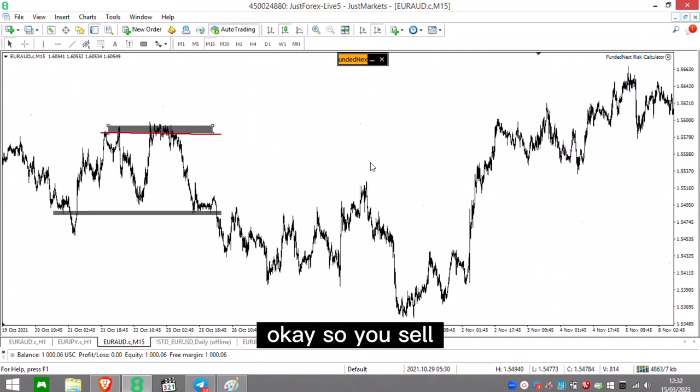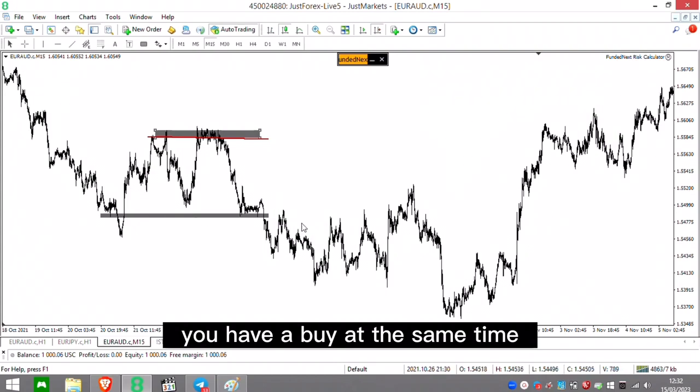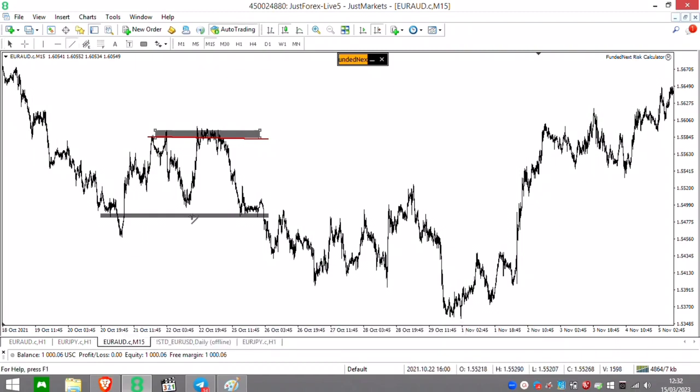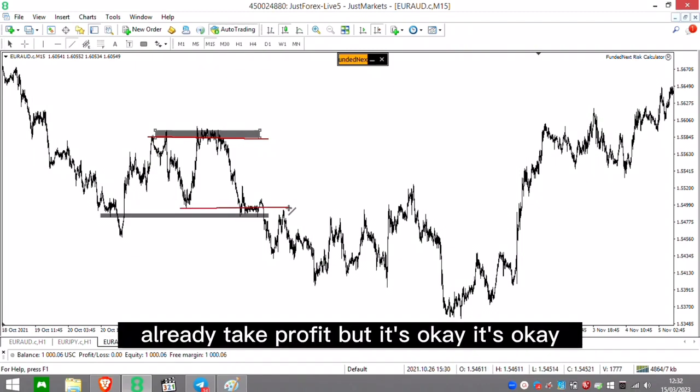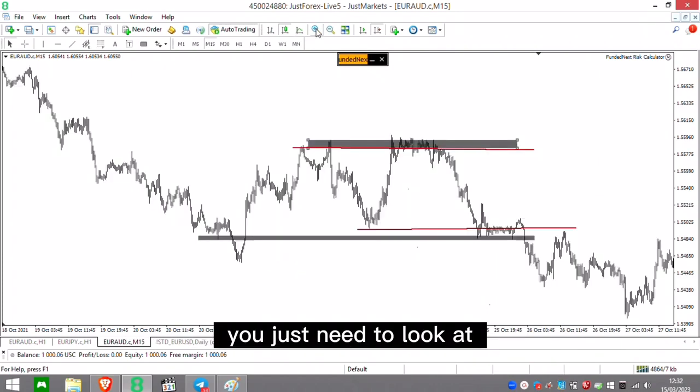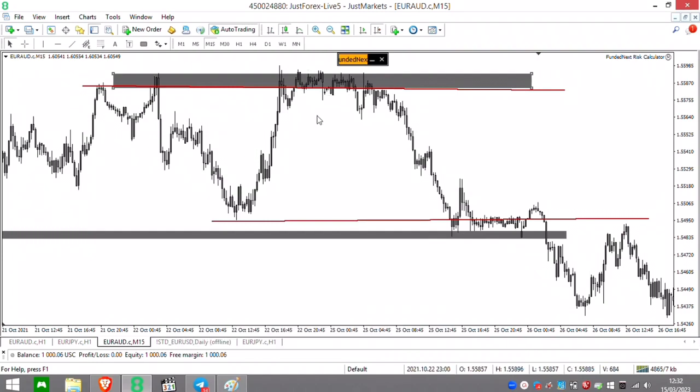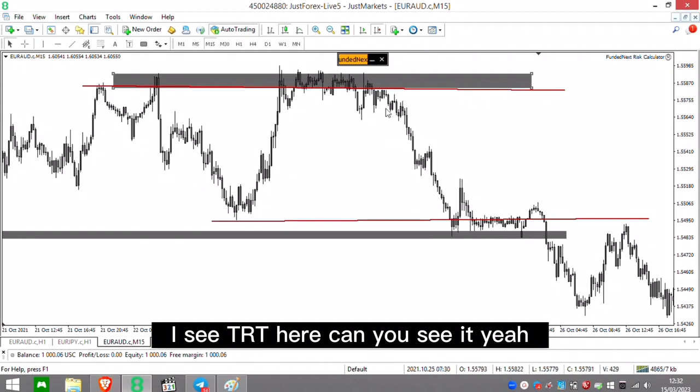Okay. So you sell, you have a buy at the same time, and your buy hit the stop loss but still running, or already take profit, but it's okay. You just need to look at the lower time frame for the confirmation. I see TRT here.